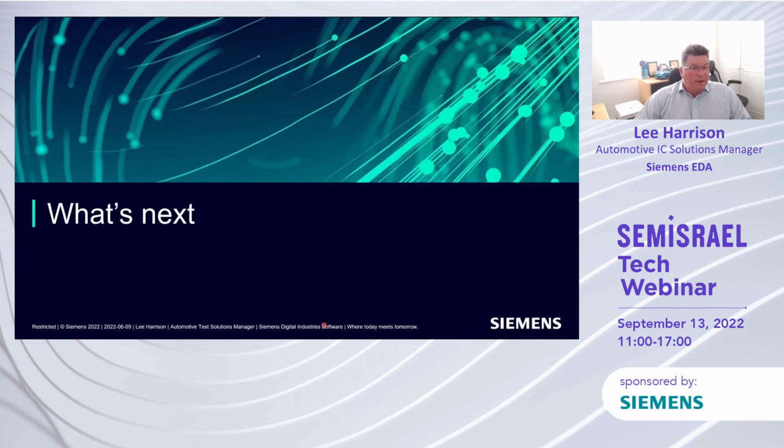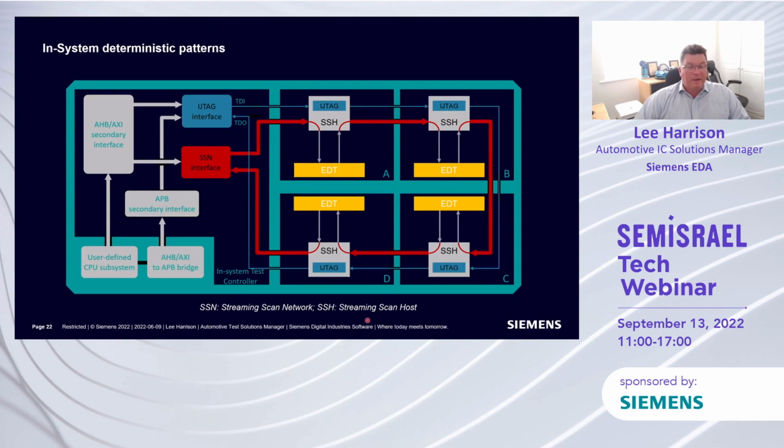So just quickly before we wrap up, let's take a look at what's next and what's coming down the line. We talked a lot about in-system test using logic BIST. Logic BIST is a great technology, but it struggles to achieve extremely high manufacturing test quality.